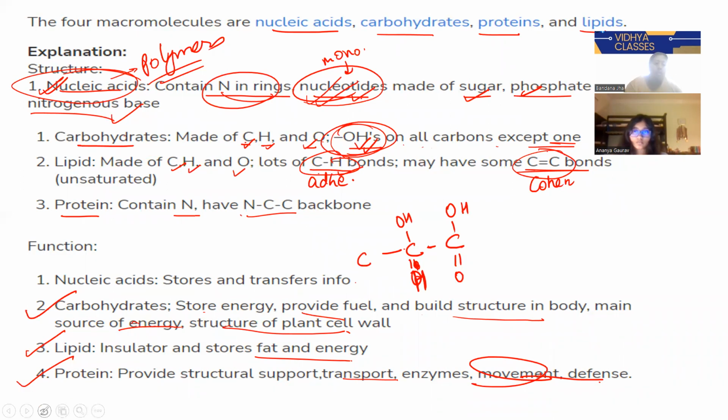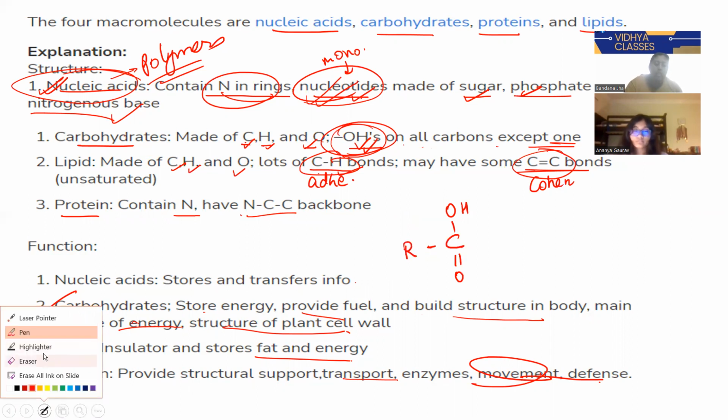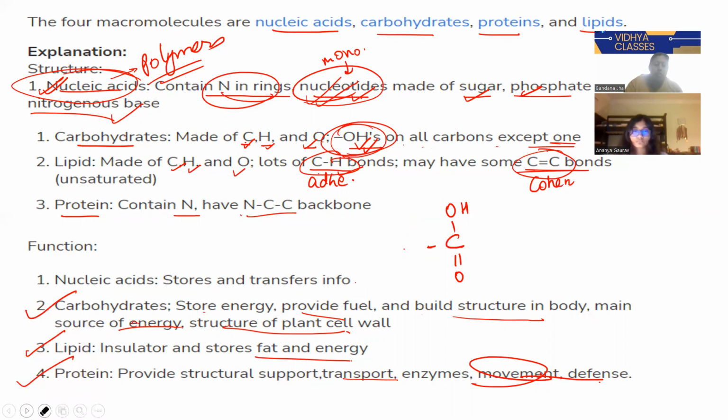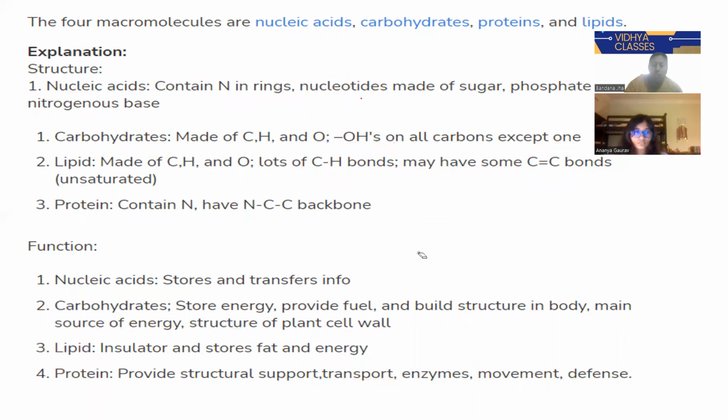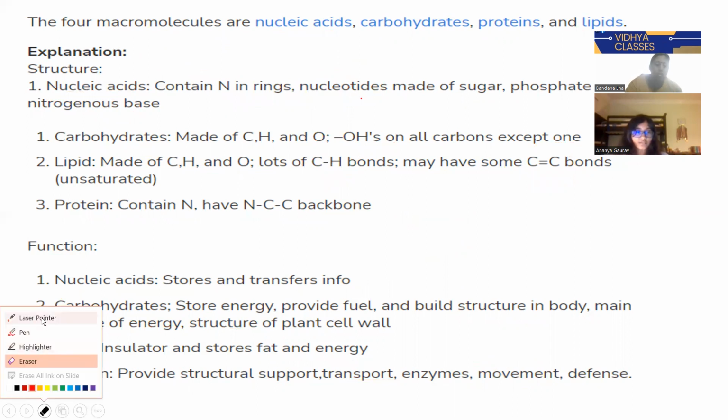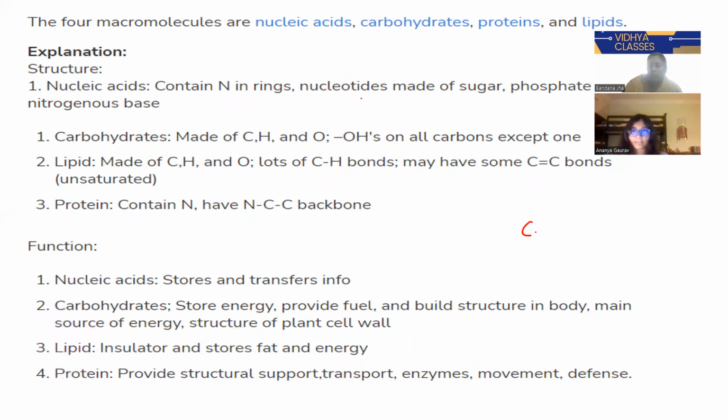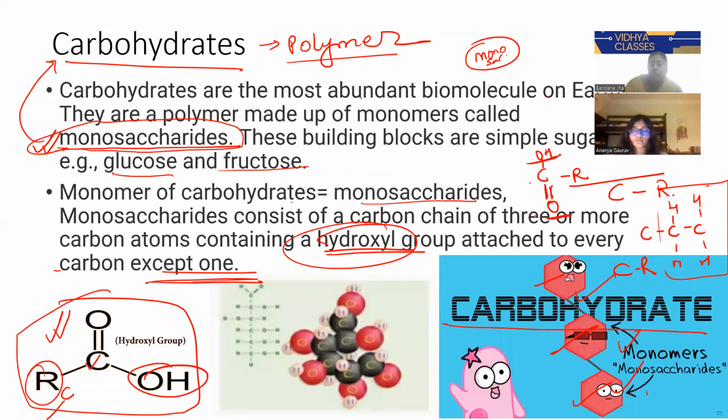This is the way to form a bond. See, normally what do we write here? R. Now instead we will write C. Okay, I am writing it out: C O H, double bond O, C. Now the statement says a hydroxyl is attached to every carbon except one.